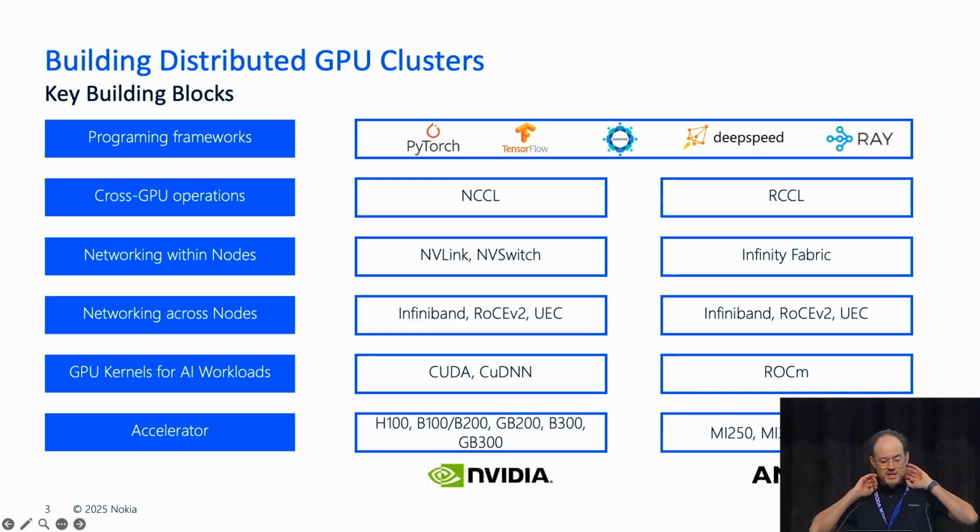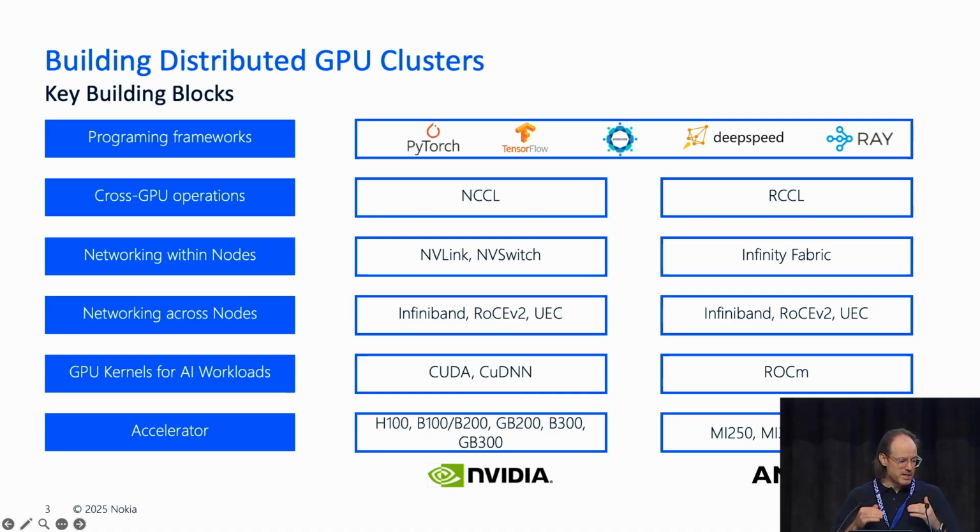So let's dig into the key building blocks of an AI cluster, starting from top to bottom with programming frameworks. You'll see there's a number of prominent programming languages that are leveraged here. Things like PyTorch and TensorFlow are two of the biggest, but you'll also see tools like DeepSpeed and Ray consumed.